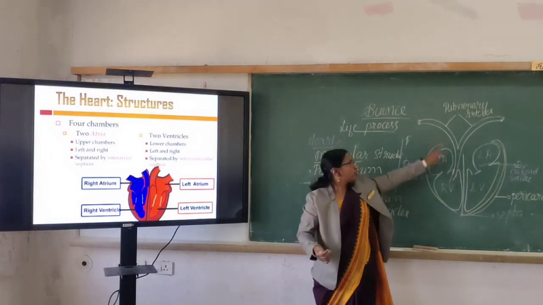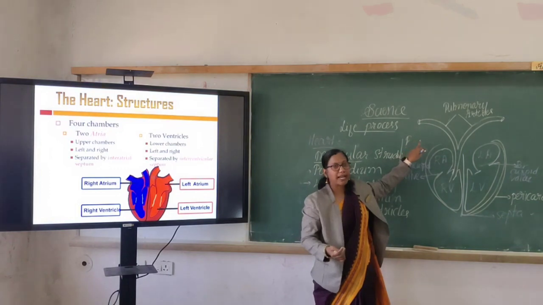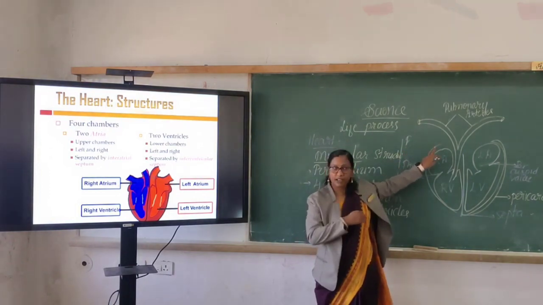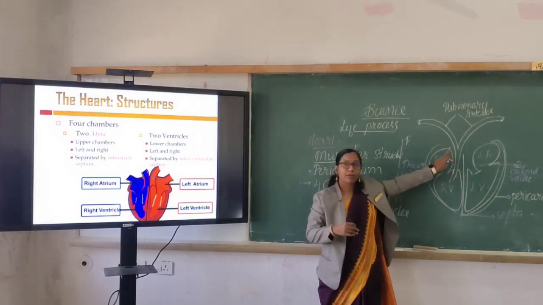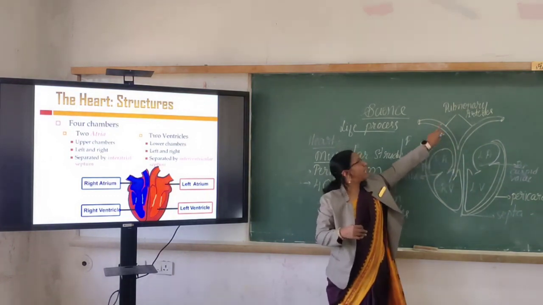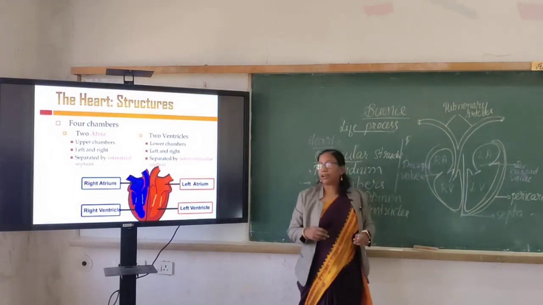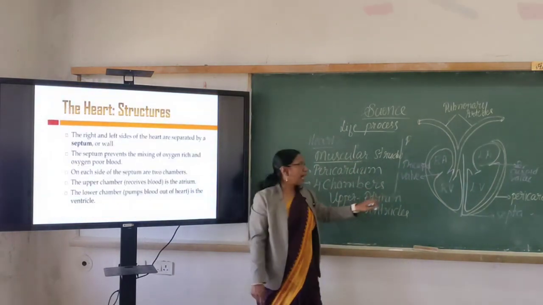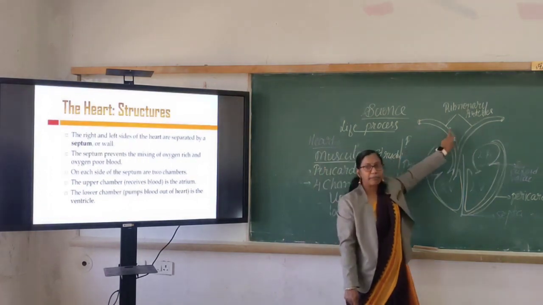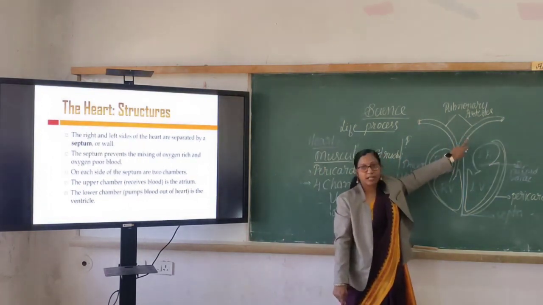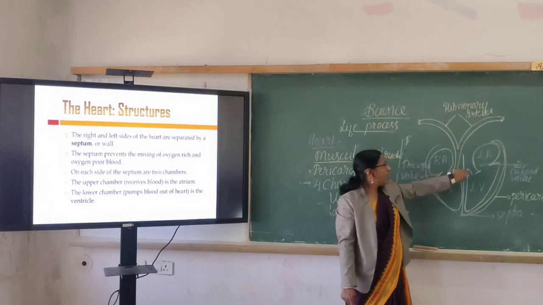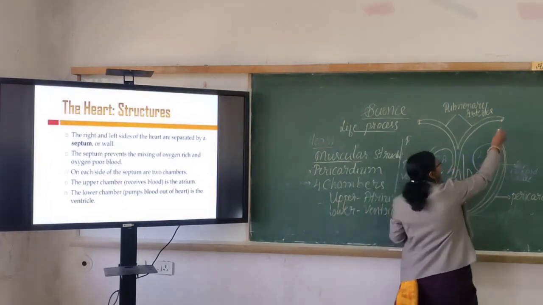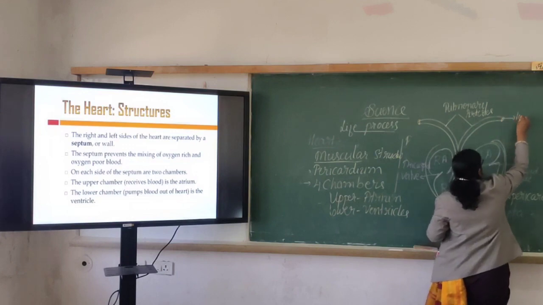So to reach the lungs, it will take the path of the pulmonary arteries, which help in taking carbon dioxide rich blood to the lungs, and then they reach the lungs.